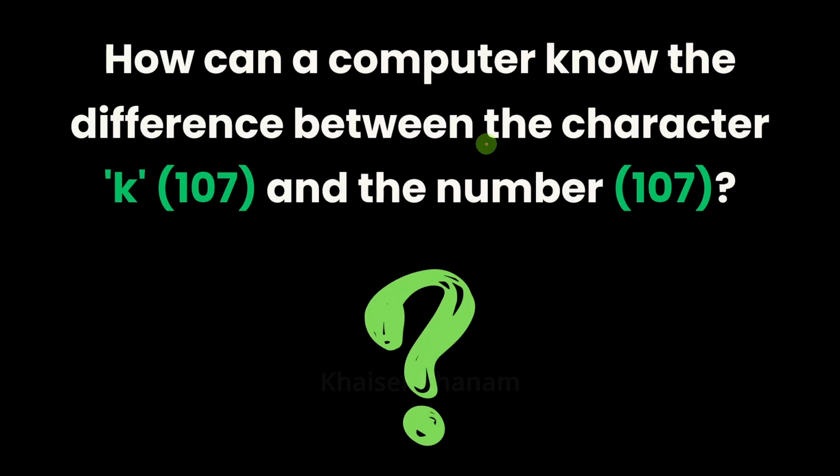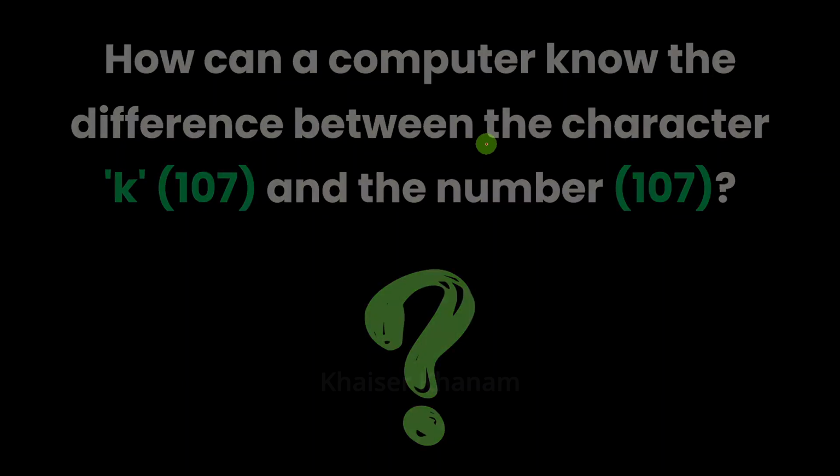Then how does our computer understand the difference between the character K, for which we have the number 107, and the normal number 107? To answer this, consider programming languages like C++ or C. Inside these, whether it is any number of characters or even a single character, data will be stored in a data type like char or string.